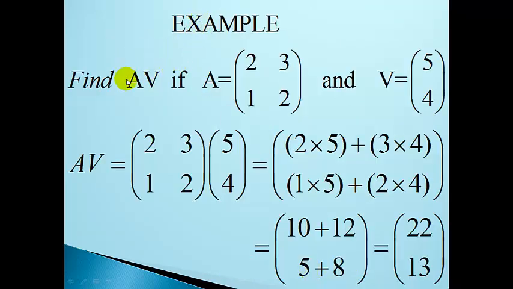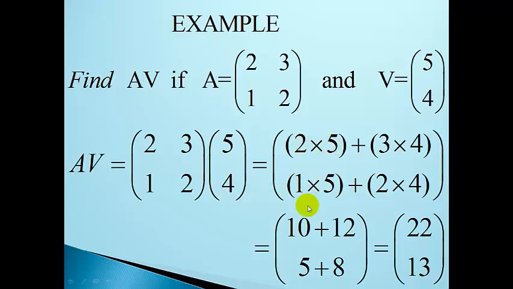Now example, find AV if A equals [2, 3; 1, 2] and V equals [5; 4]. So AV will be equal to the matrix [2, 3; 1, 2] times [5; 4]. This is equal to 2 times 5 plus 3 times 4, 1 times 5 plus 2 times 4.